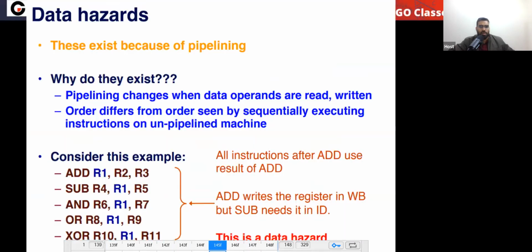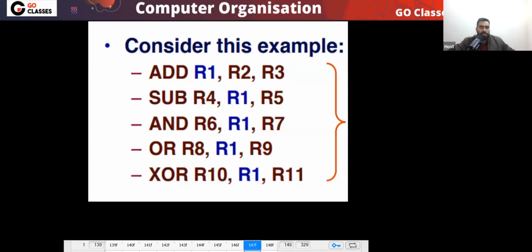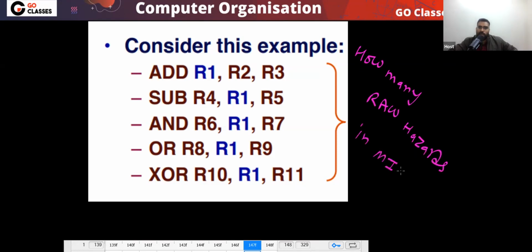Now let's move on. In this question, tell me how many RAW hazards are there in the MIPS pipeline? A very beautiful question. I gave you this question in the test series, in All India Mock Test 2.